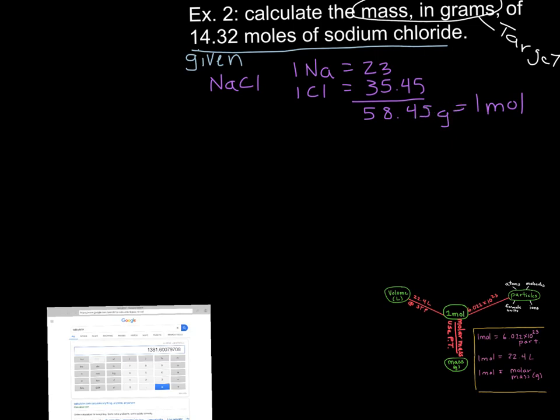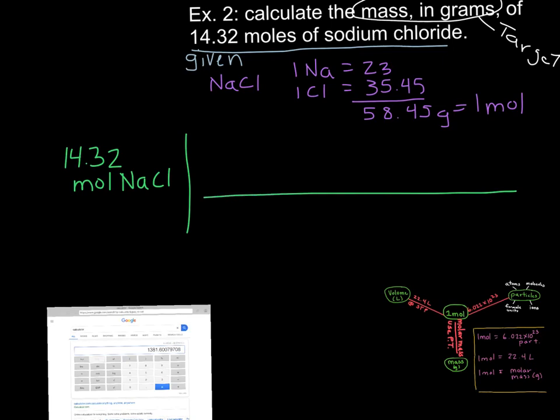We're ready to calculate. So let's build our T-chart. We always start with what we're given, and we're given 14.32 moles of sodium chloride. And for every 1 mole of sodium chloride, we have a mass of 58.45 grams.